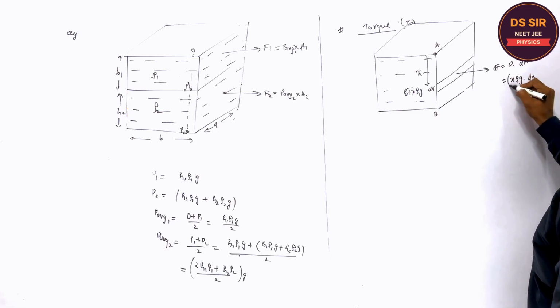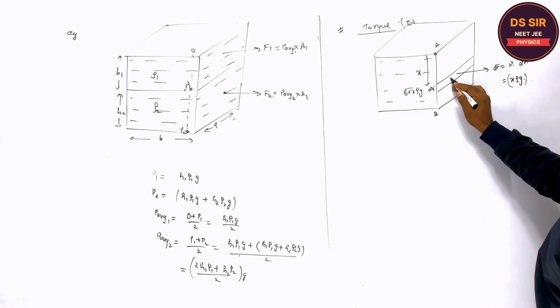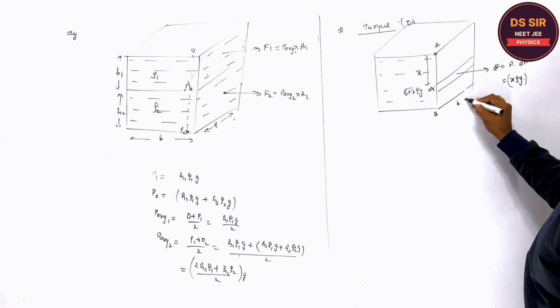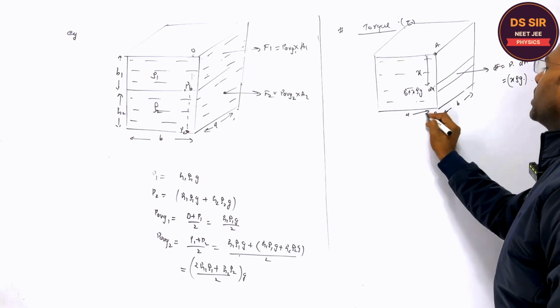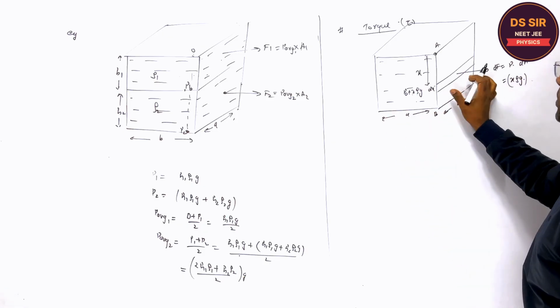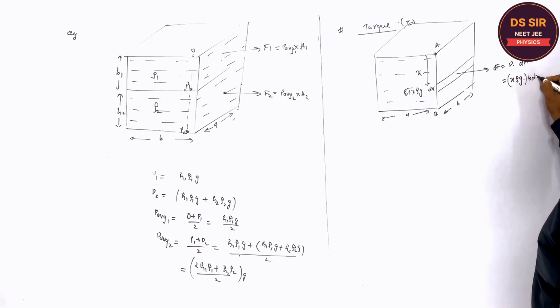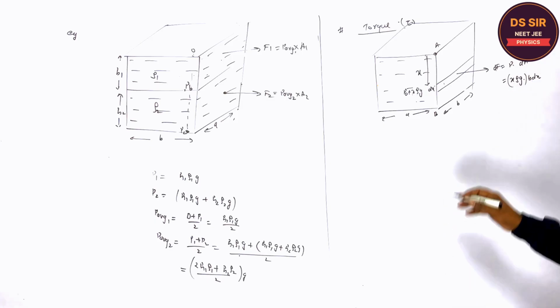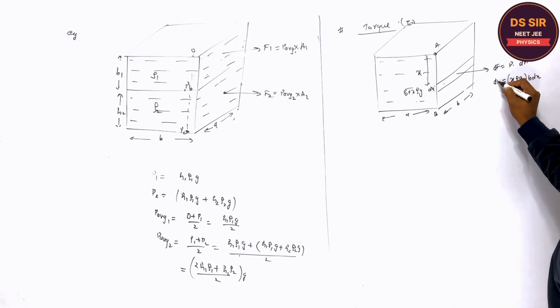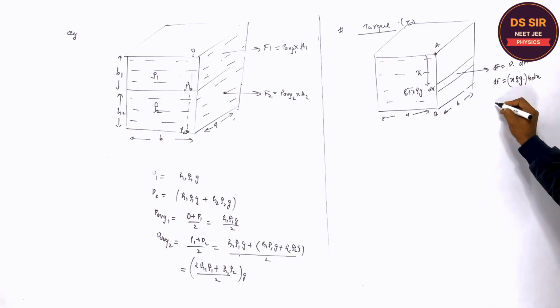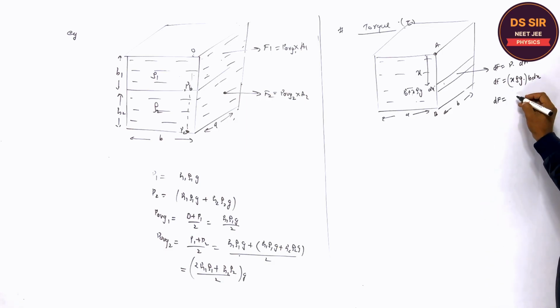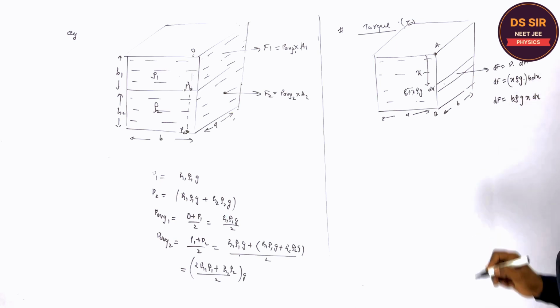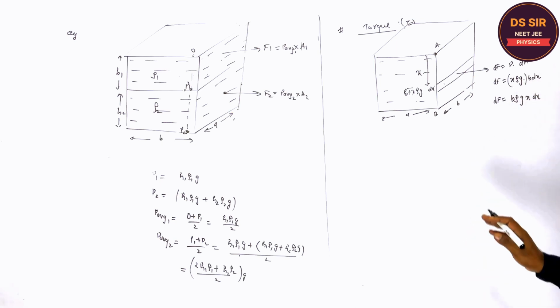All right. And what is the dA? Suppose this is the B and this is the A, right? This width is B into dx. So this is the elemental force. dF is equal to what? B rho g x into dx. All right.